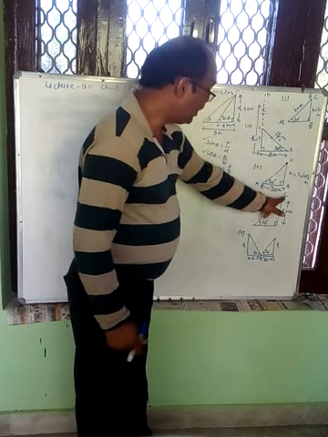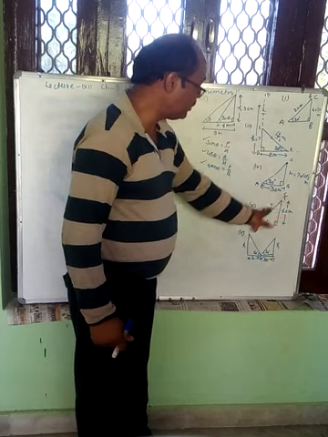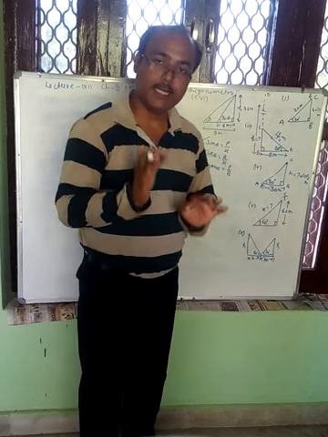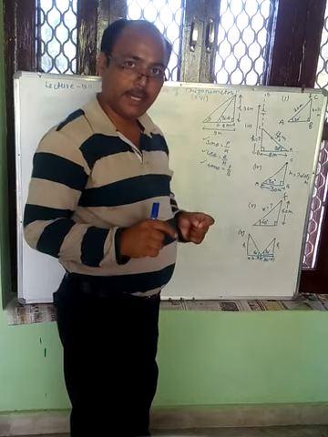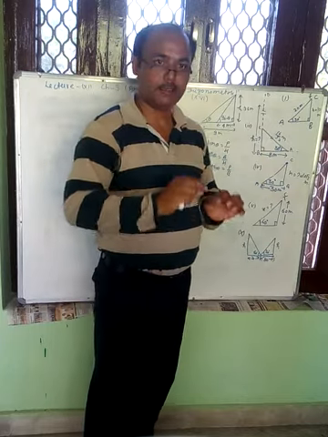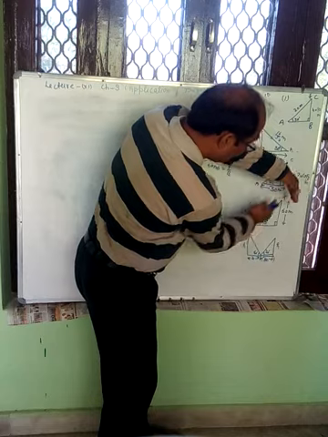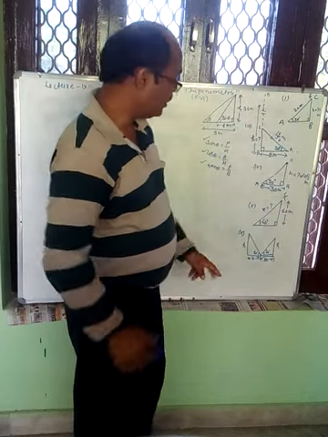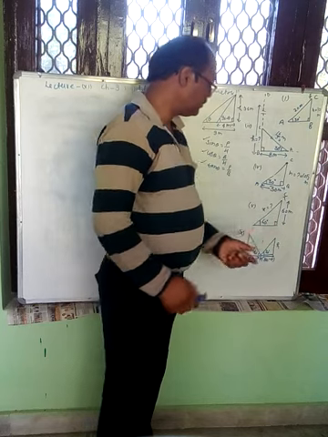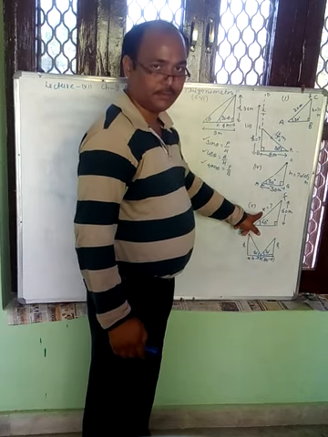Then find the length of the string. Length of the string means the thread, and there is no slack. It means there is no curve, this is a straight line. Okay. Now we find this length x.